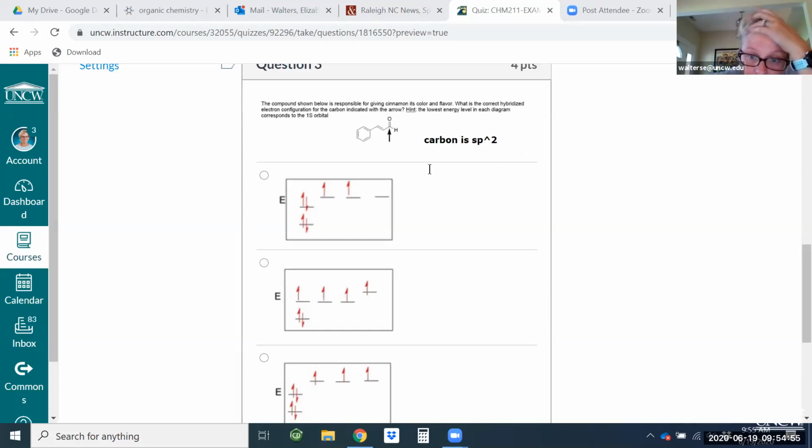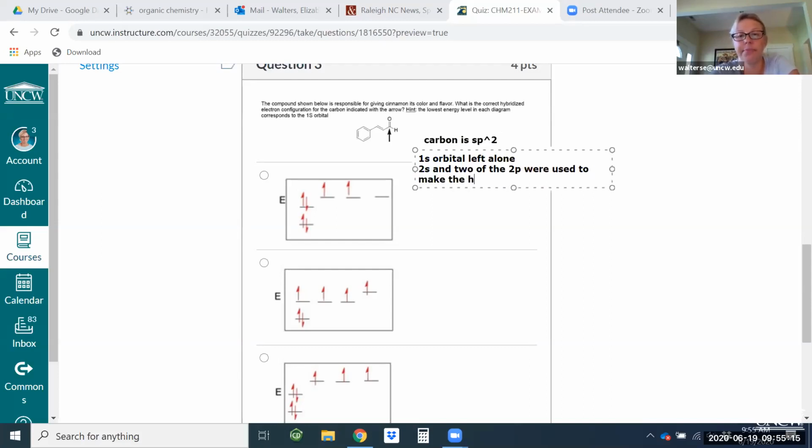So sp2 hybridized means that you're going to have a 1s orbital left alone, because those are core electrons. The 2s and 2 of the 2p orbitals were used to make the hybrids, and the remaining 2p orbital is unhybridized.